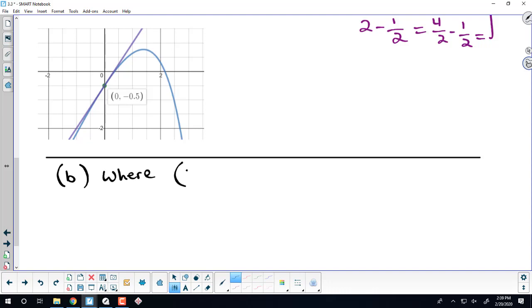At what x values does f of x have a horizontal tangent?